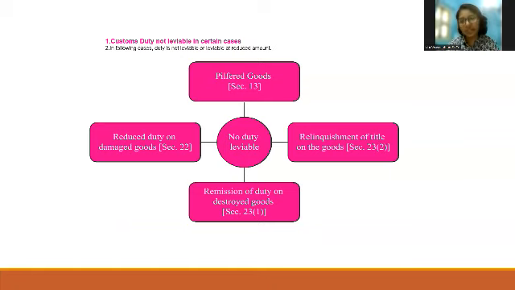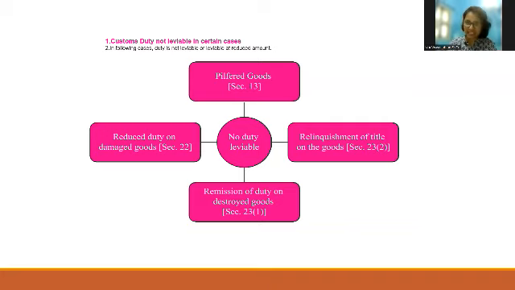Customs duty is not levied in certain cases. What are those cases? In case of pilfered goods, destroyed goods, damaged goods, or when you relinquish the title to the goods. Relinquishing the title means I give away the title to the goods. I am saying I don't want these goods. That is called relinquishing the title on the goods. In all these cases, why is customs duty not levied?